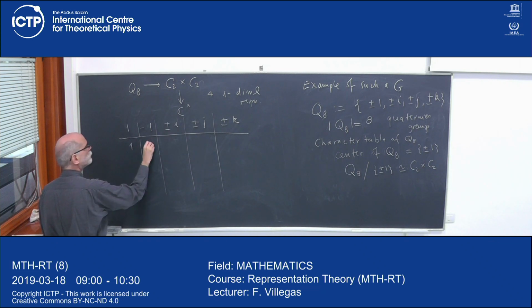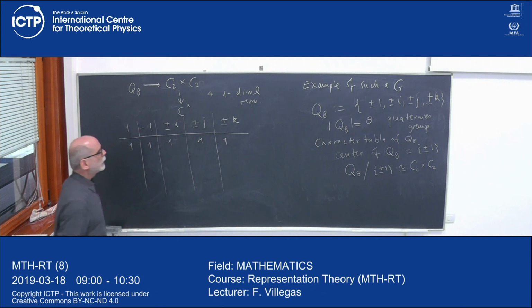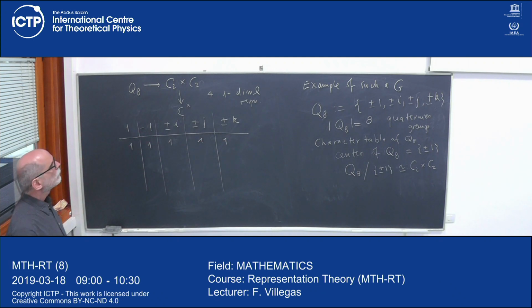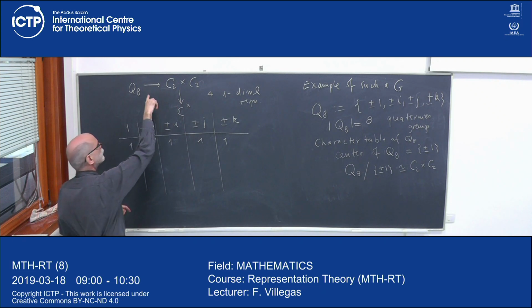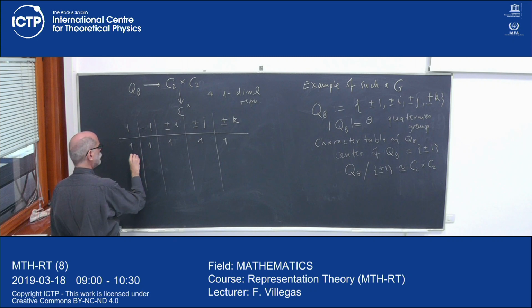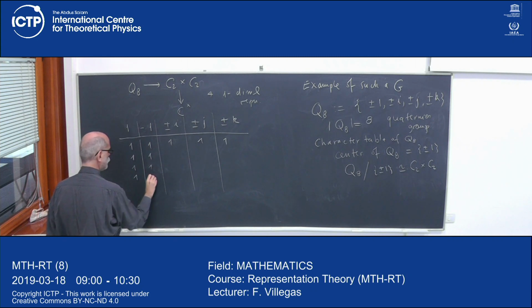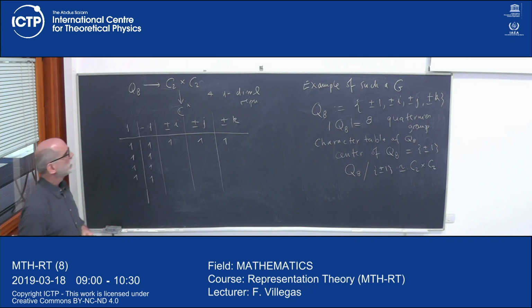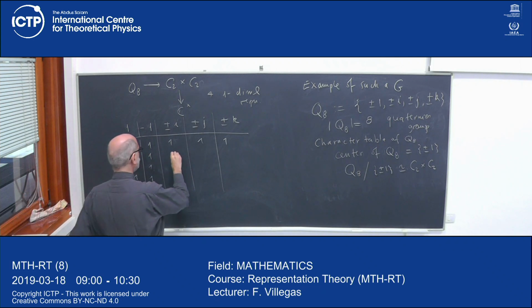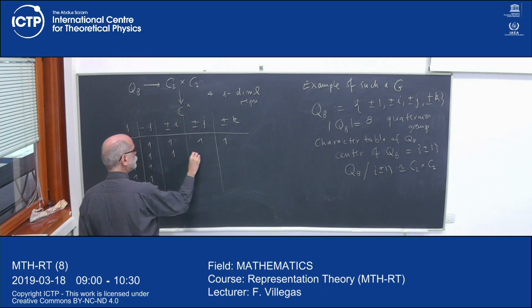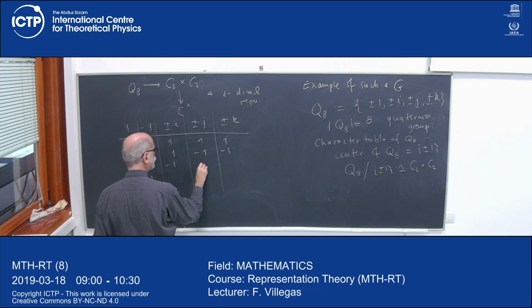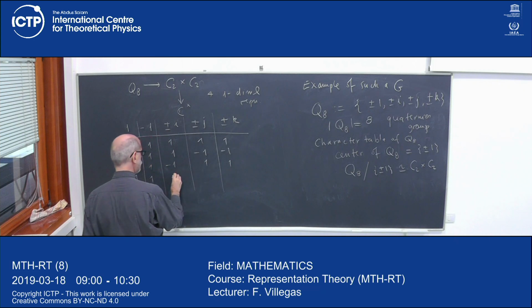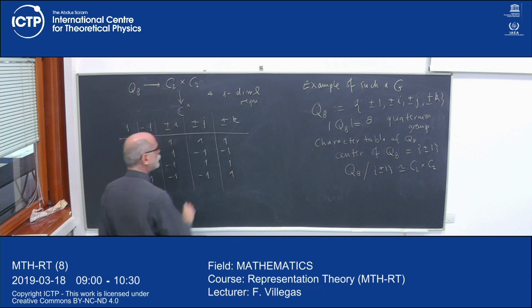So we have certainly the trivial one, and then the 4 representations that come from this quotient. In the quotient, the minus 1 goes to 1, so there's always going to be these values. And then we have all possible ways to have minus 1s in.